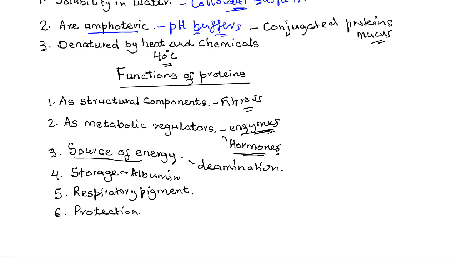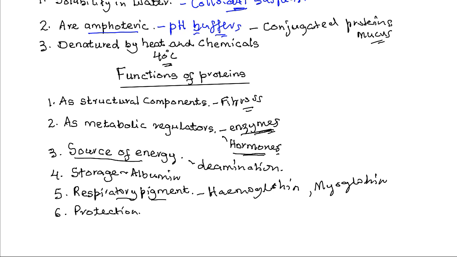And then proteins also act as respiratory pigments. Respiratory pigments such as hemoglobin, present in the red blood cells of vertebrates, help to transport oxygen from the lungs to the tissues. Another pigment that is present in vertebrates is myoglobin.